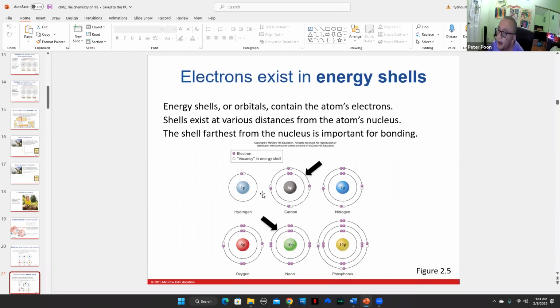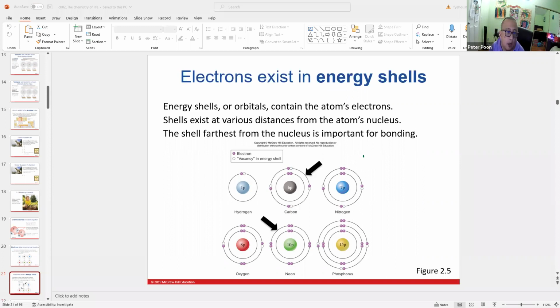The way this works is there are 2 electrons for the first shell, and then 8 electrons for every other shell, also known as the octet.